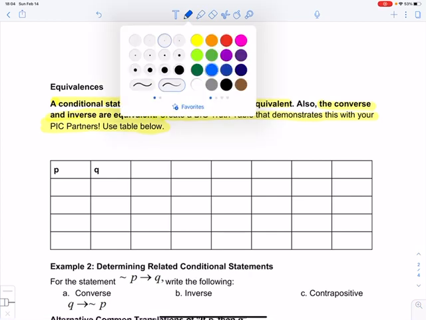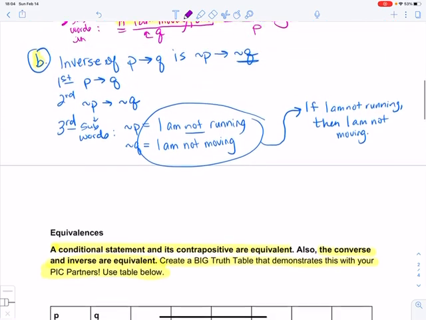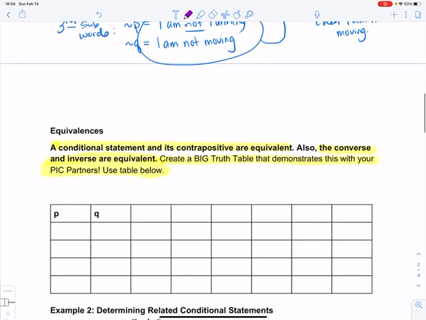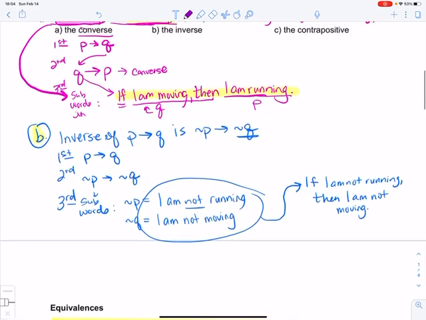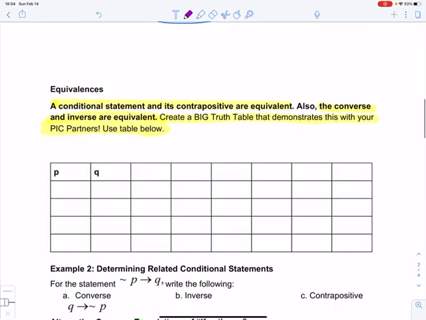So remember, these notes were created whenever we used to meet in person. All right, so if we want to create a big truth table using our contrapositives, up here we know that we have first our regular sentence, P implies Q. Then we have its converse, which is Q then P, because it just flips.